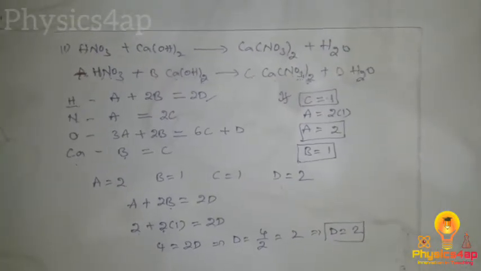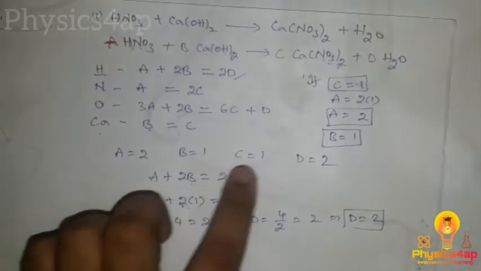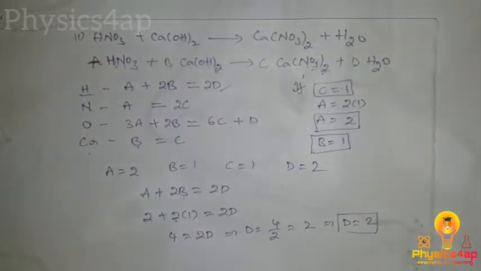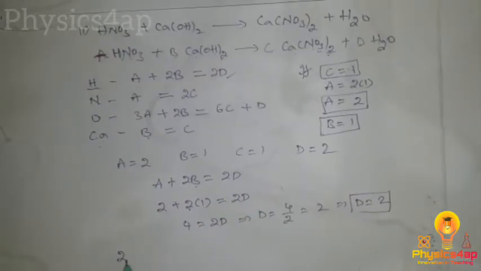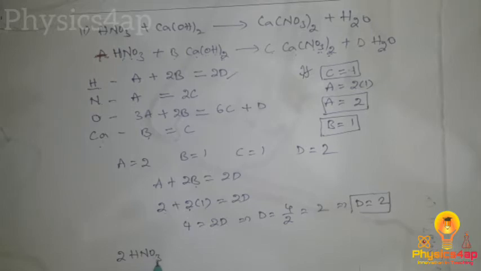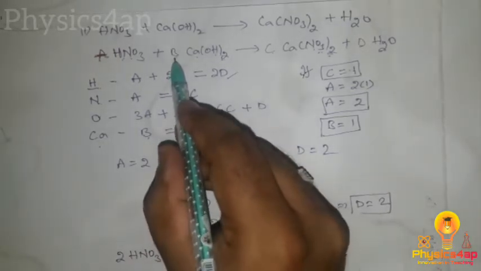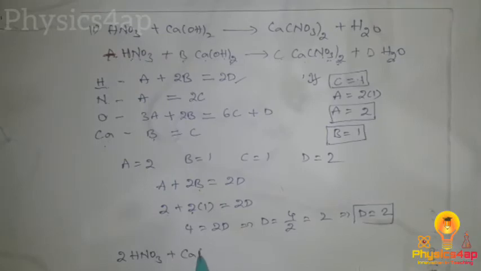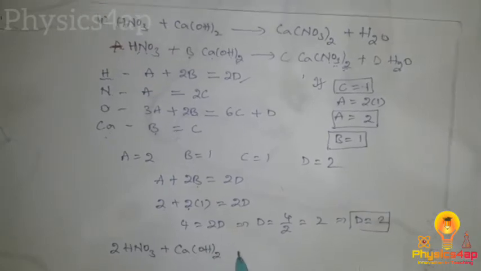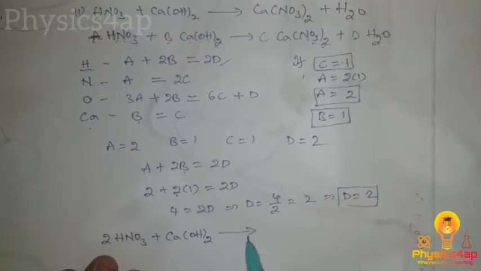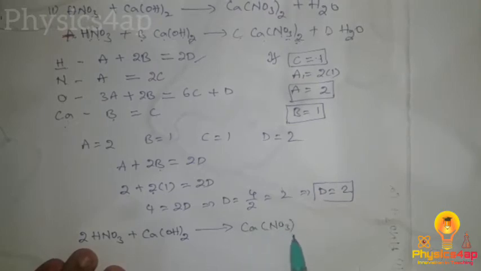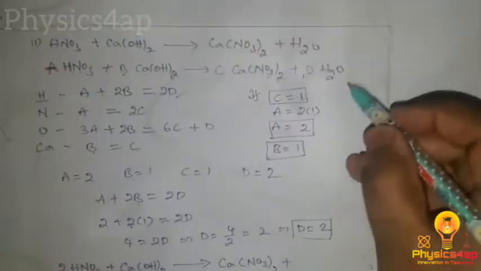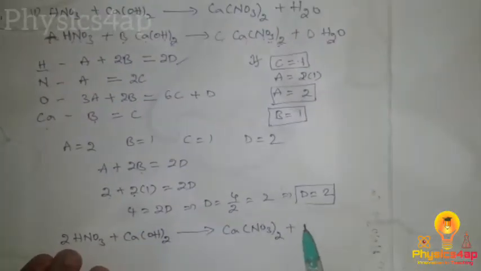Now substitute the A, B, C, D values in the given form. As A value is 2, write it as 2HNO3 plus the B value which we got as 1, Ca(OH)2 gives rise to the C value which we have taken as 1, Ca(NO3)2 plus the D value, which we got as 2, so consider it as 2H2O.